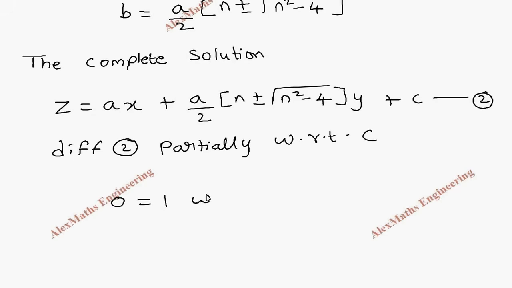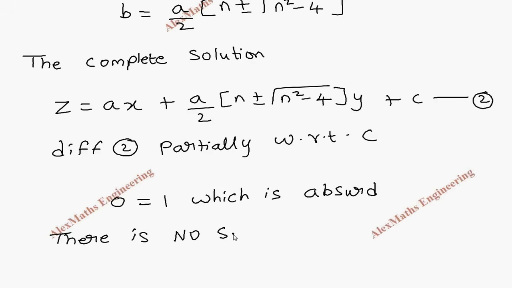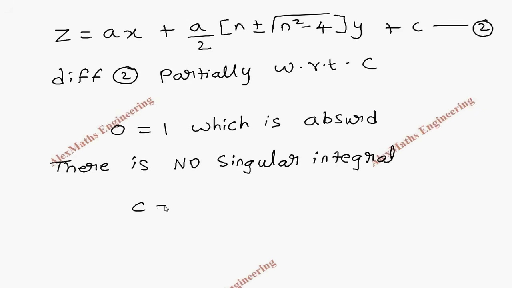So 0 equal to 1, which is not possible, which is absurd. Therefore there is no singular integral. When there is no singular integral, we take the c as a function of the constant a.